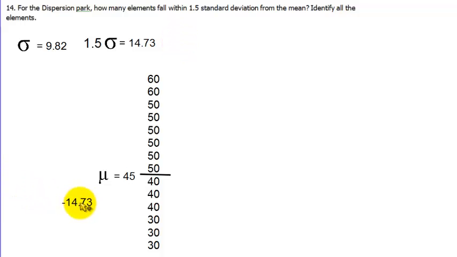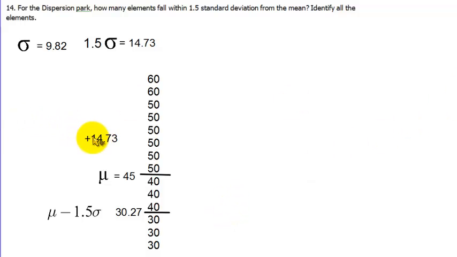Okay, so if I subtract 1.5 standard deviation from my mean, I'm going to get 30.27. So 30.27 is mean minus 14.73. And 30.27 is located here.